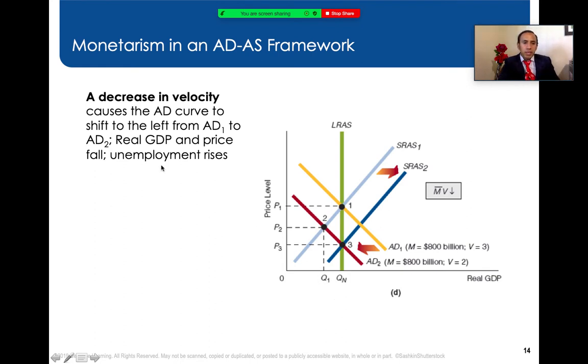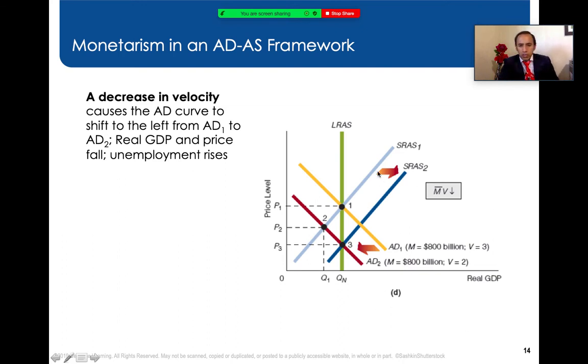Here, real GDP and the price level decline. This lower price and lower GDP indicate that the economy is underperforming, the level of GDP has declined, prices are declining, and the economy may find itself in a short-term crisis.